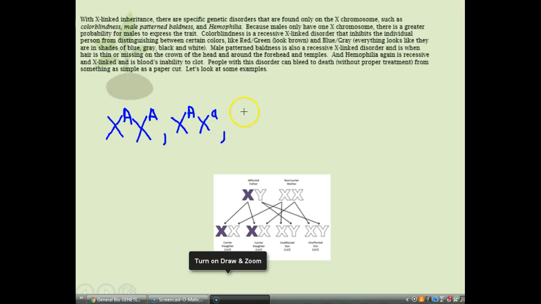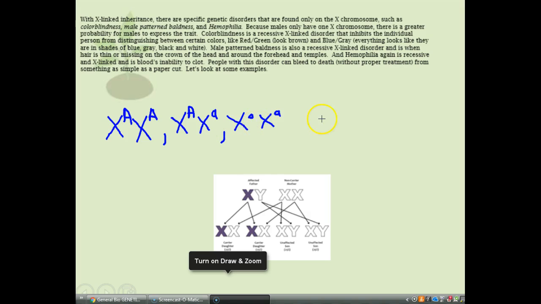Or they could be homozygous recessive, where they carry both recessive alleles. So that's a female.